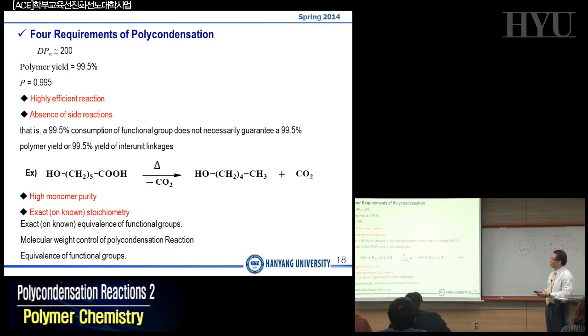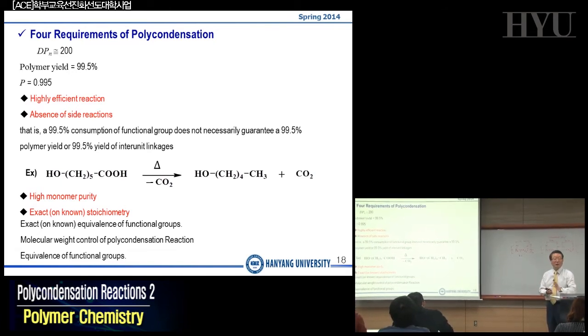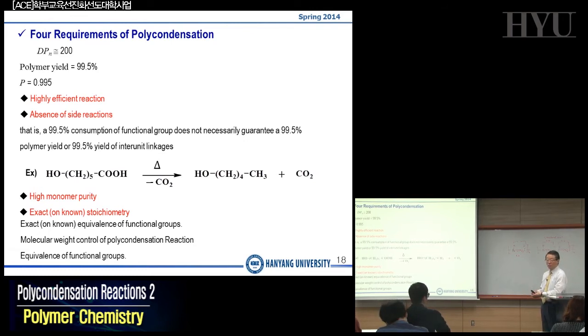So side reaction prevents your polymer from becoming a very high molecular weight component. Monomer purity is very important. So you should have a very highly pure monomer before you put your monomer in your reaction system. So the purity of your monomer is very important.